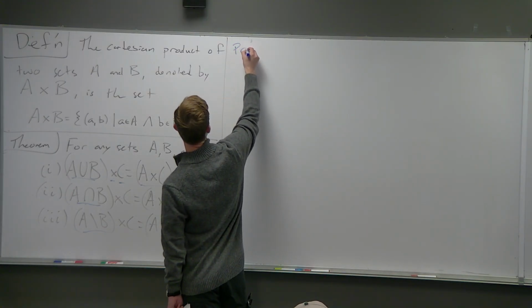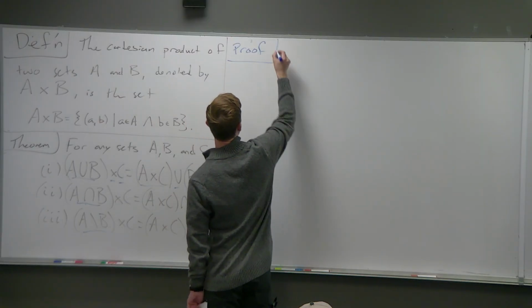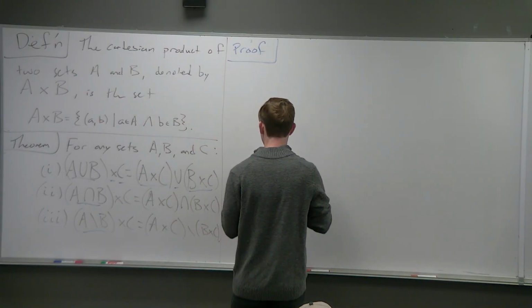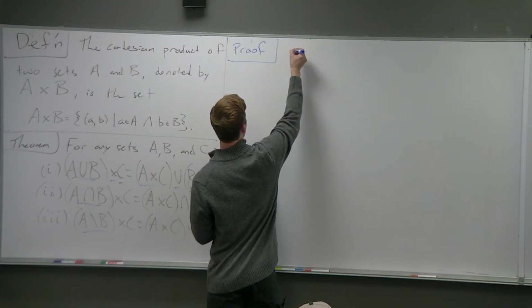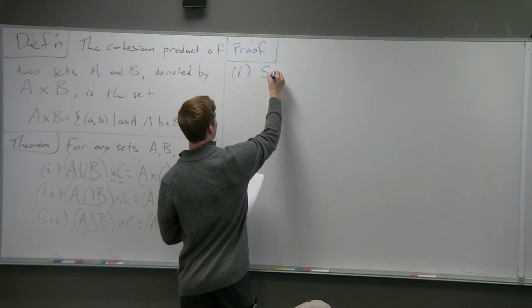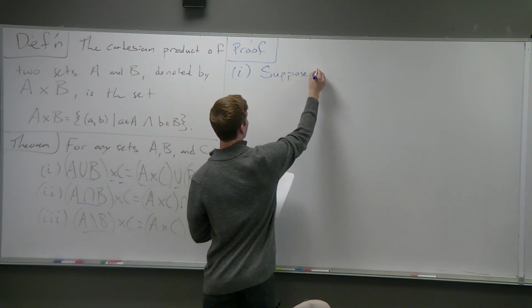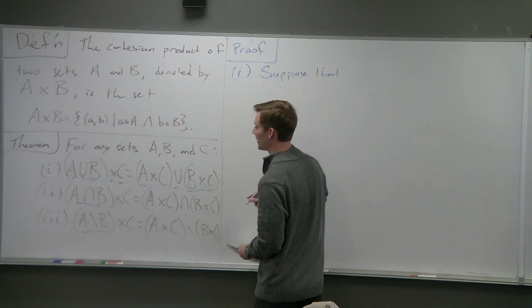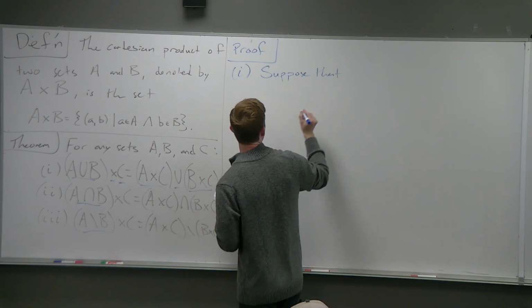Let's prove a little bit of this. So for part 1, let's go. Well, here, I'll write it like this. For part 1, okay. Suppose that we have something, say, in one of these products.